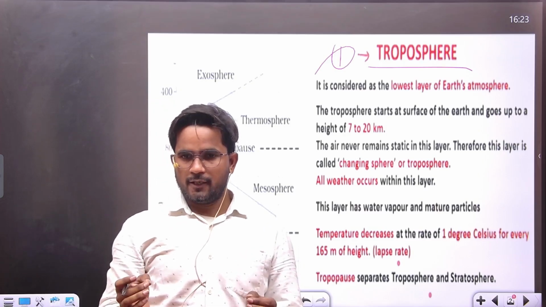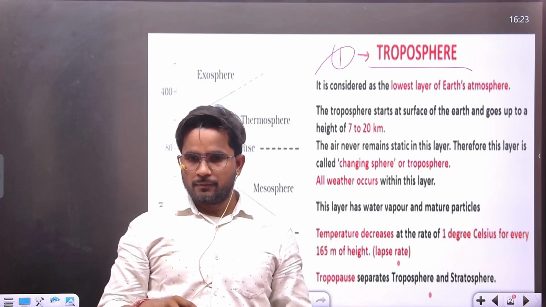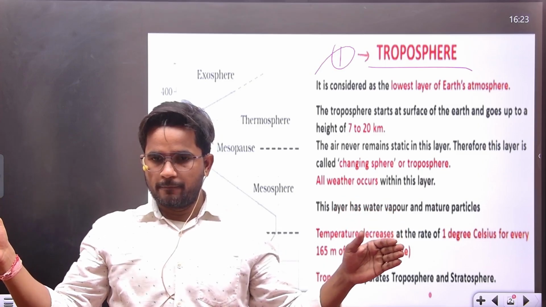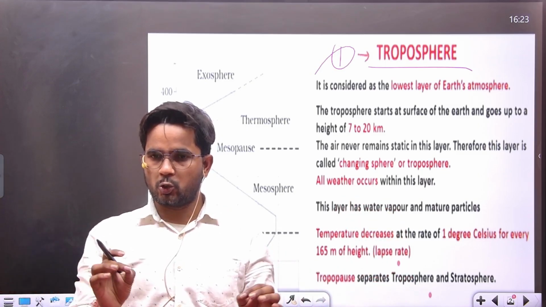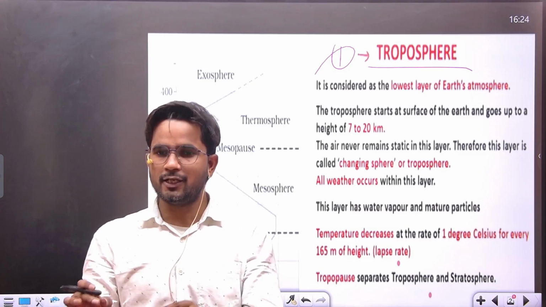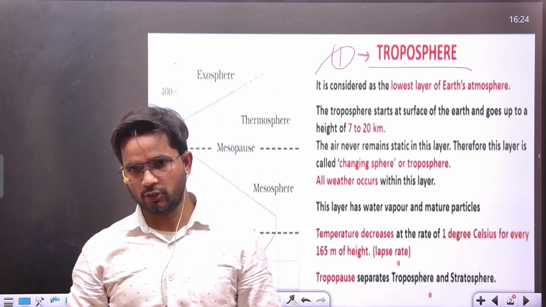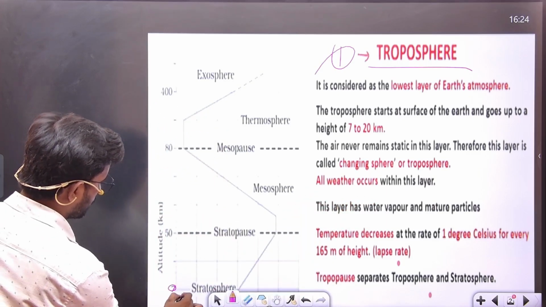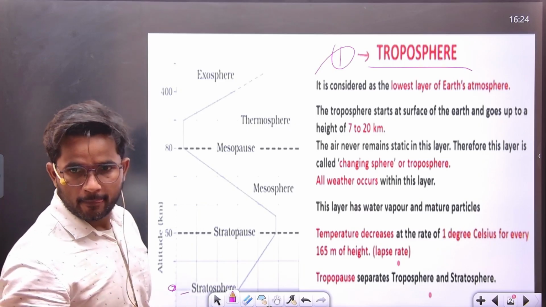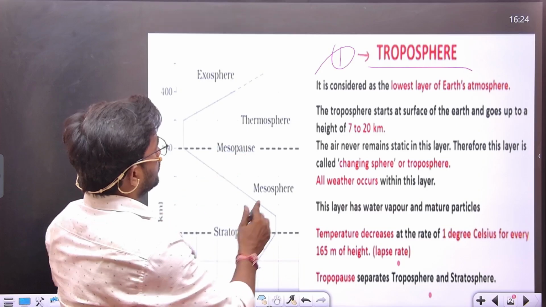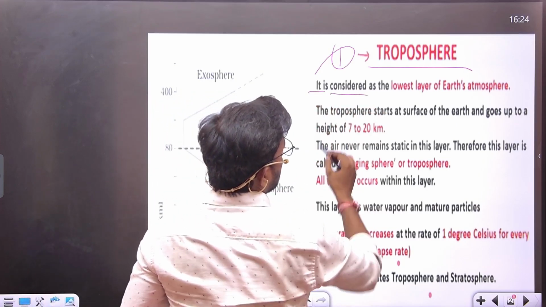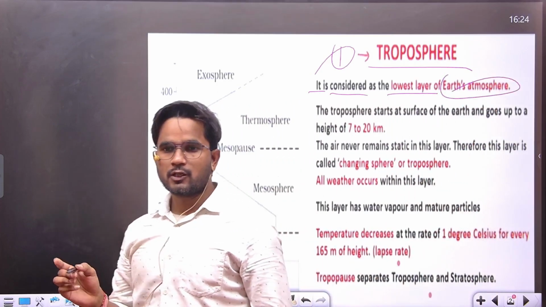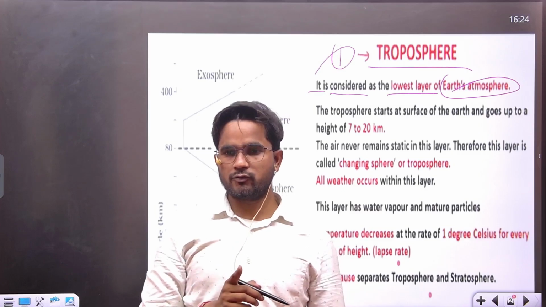We are living in this air. Look around you, your atmosphere, that is the troposphere. You are living in it. It is considered the lowest layer of the Earth's atmosphere. Understand point?